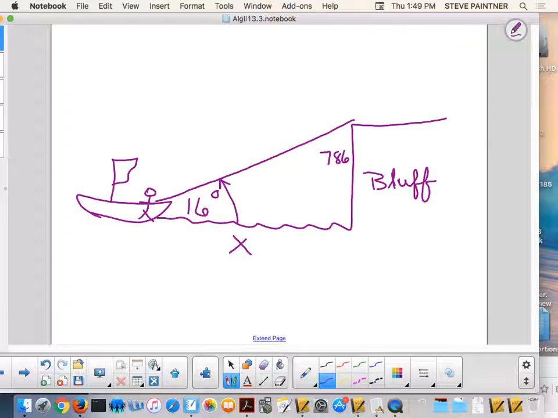So if that's the look of 26, which trig function did you use? Tangent. You're right, sometimes you do use tangent so much. Tangent of 16 degrees equals 786 over x.